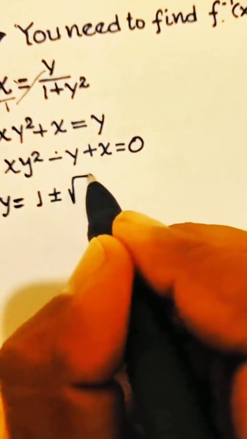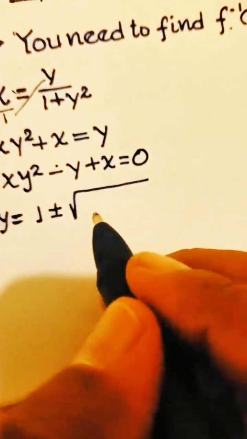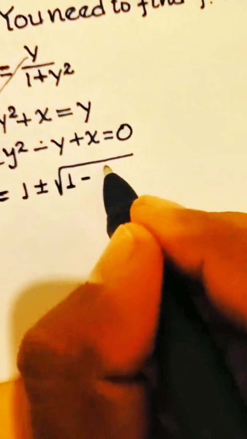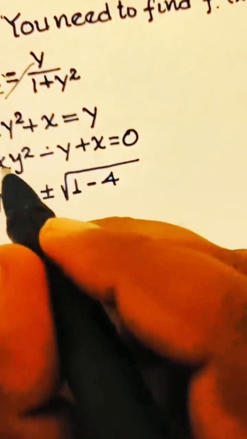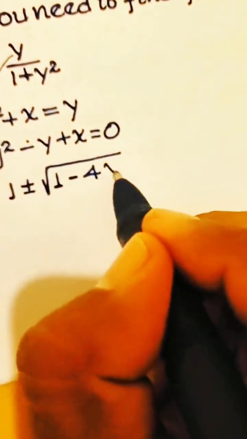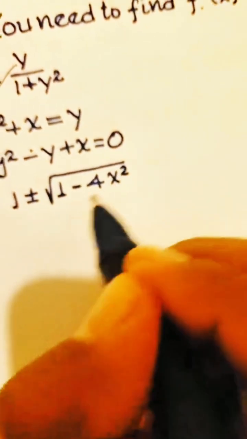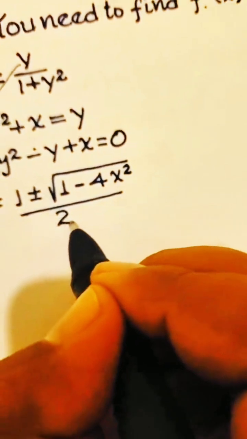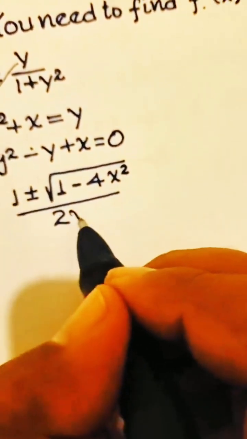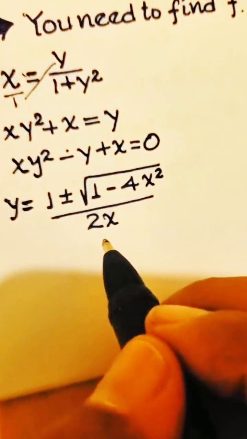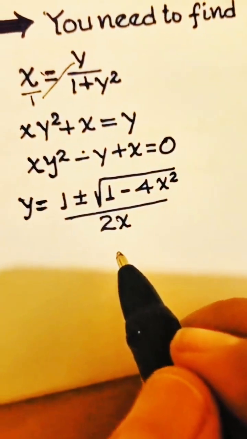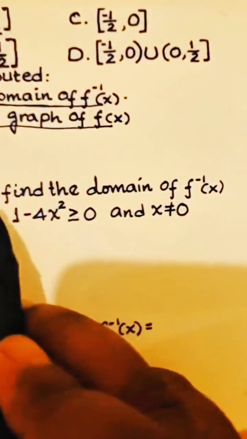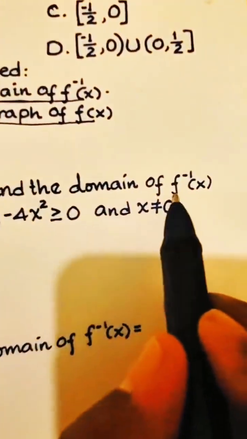The quadratic formula: minus b means 1, plus or minus the square root of b squared, which is 1, minus 4 times ac, a is x, c is x, so ac is x squared, divided by 2a, that is 2a in this context is x, so 2x. So this is the inverse function when it is expressed in the original f of x form.